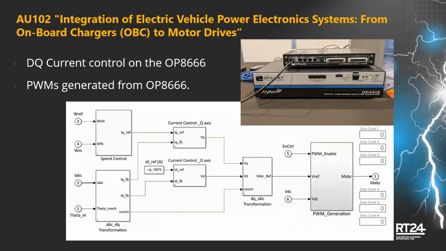In terms of the connections, I'll show you in the hardware video, but it's quite simple. We just use two standard DB37 connections to send the analog measurements from the simulator to the OP866. And then we have another DB37 cable to send the digital gating signals from the OP866 to the simulator.